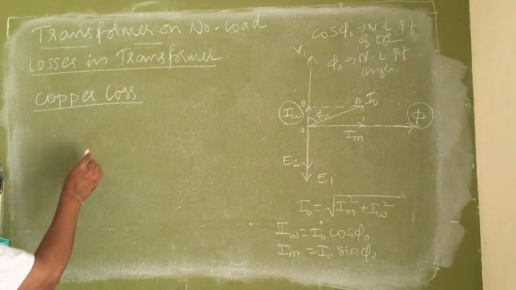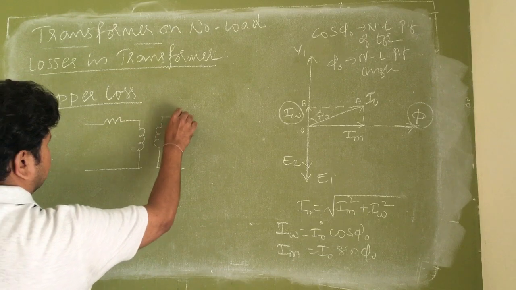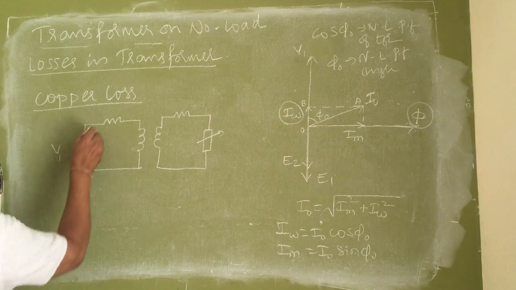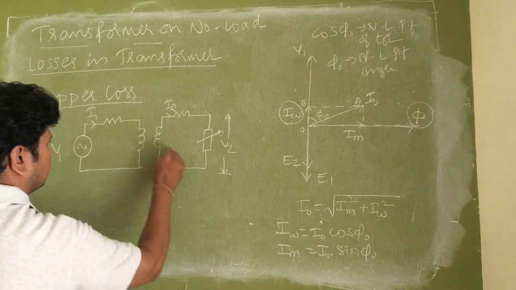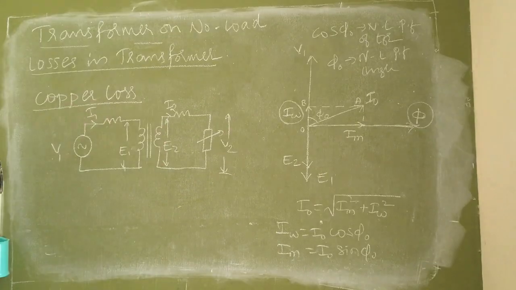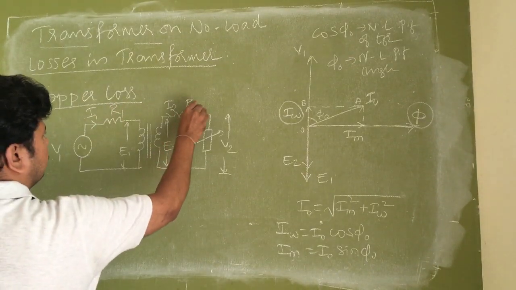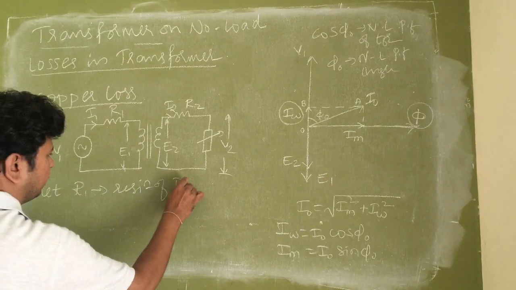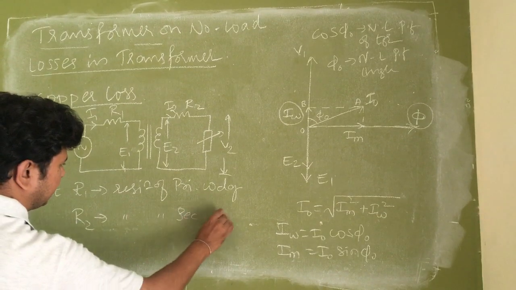Copper loss. So this is my transformer. Let R1 be the resistance of primary winding and R2 be the resistance of secondary winding.